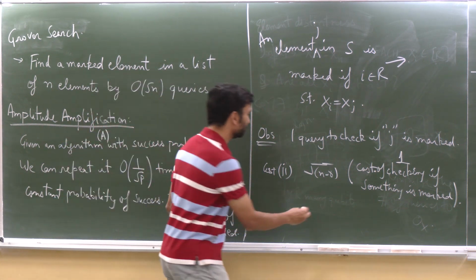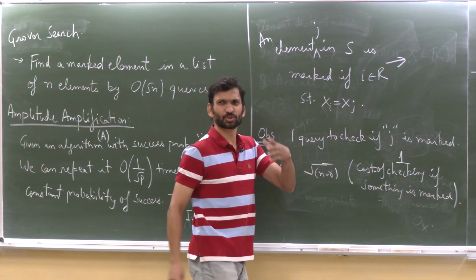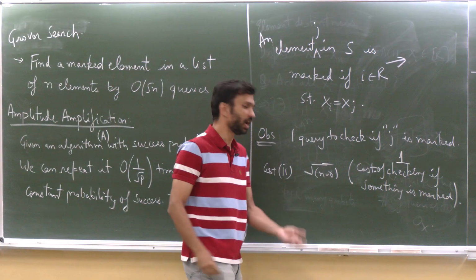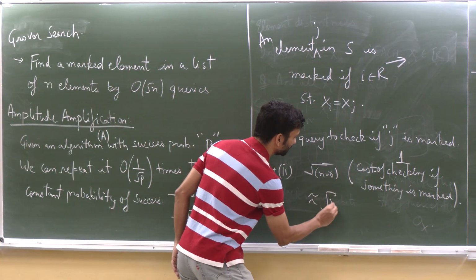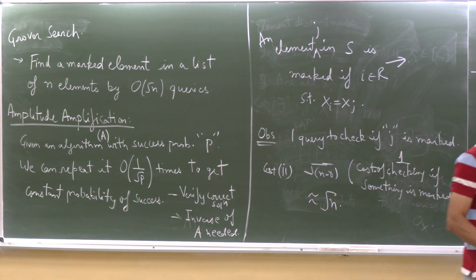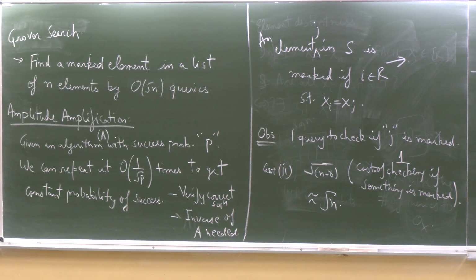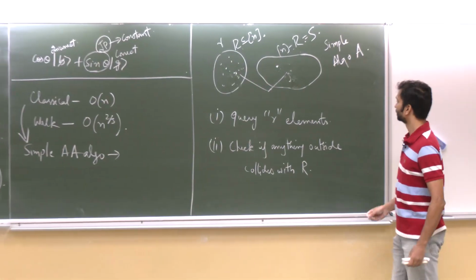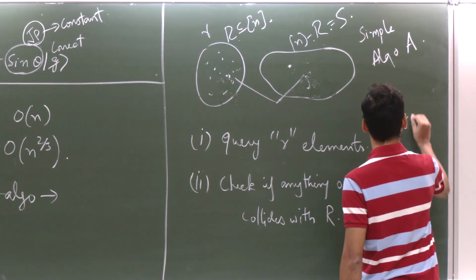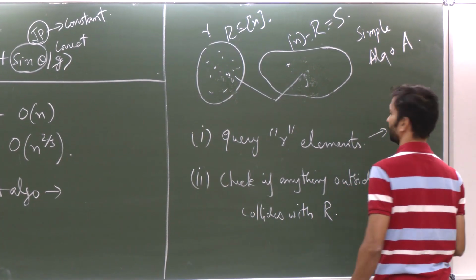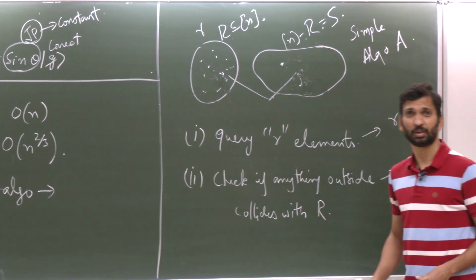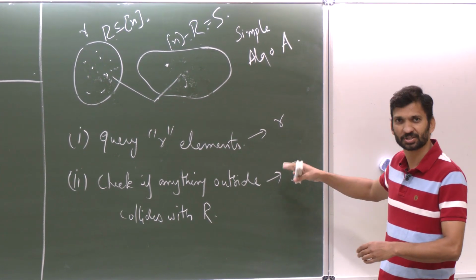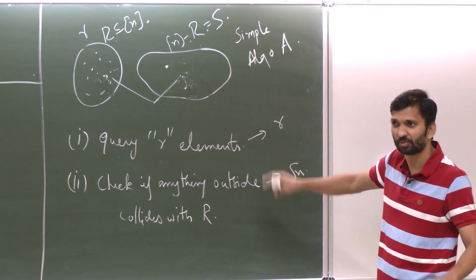So then, since r is going to be much smaller than n, it is going to be like n to the power 2 by 3 or 3 by 4, or n to the half. This is approximately, I will say, square root n. Again, there will be O of r, O of root n terms; for simplification I am not considering those. The same analysis will work.